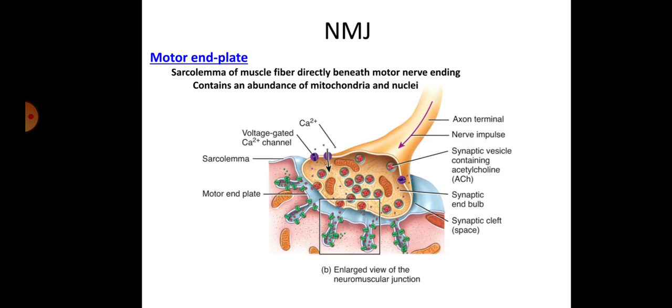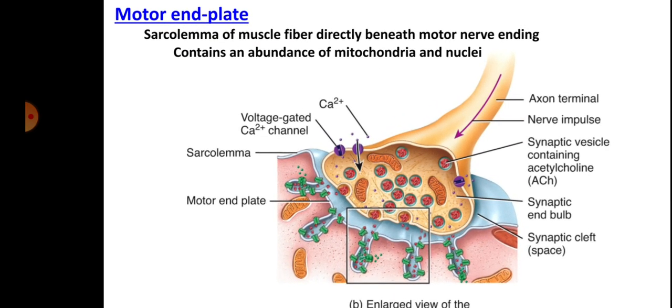Here we can see the sarcolemma of the muscle fiber directly beneath the motor nerve endings, which contains an abundance of mitochondria and nuclei.